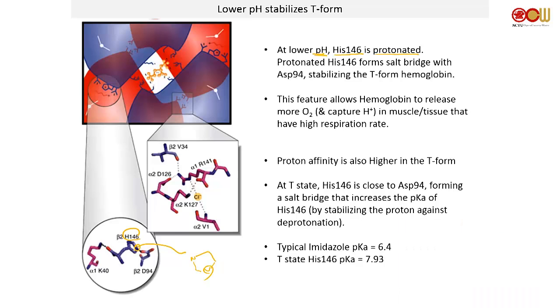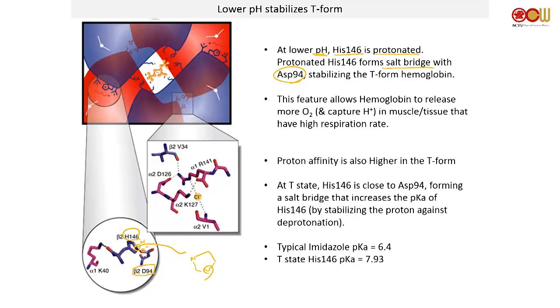So your histidine is going to be protonated, and because it's protonated, it can form a good salt bridge with aspartate 94. So here you have O minus, and then here you have a proton. They can have a very good charge polar interaction. Very nice.